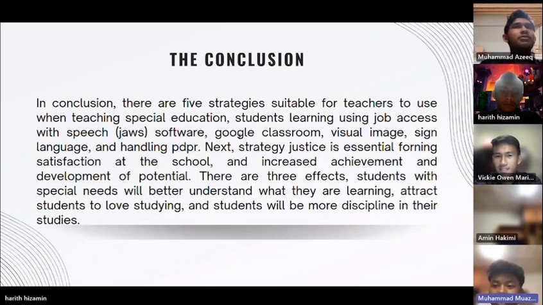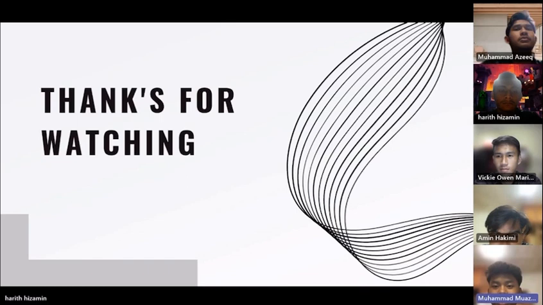Next, strategy justice is essential for learning satisfaction at the school and increasing achievement and development of potential. There are 3 effects. Students with special needs will better understand what they are learning, be attracted to love studying, and be more disciplined in their study. Thanks for watching.